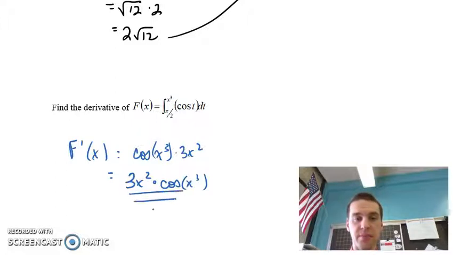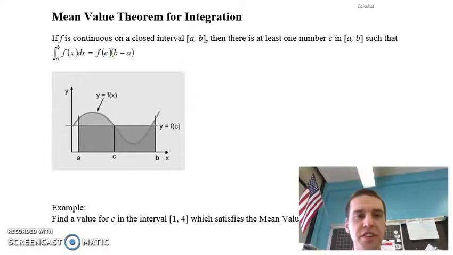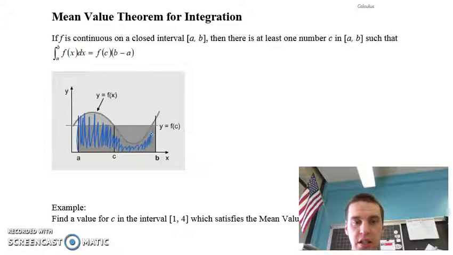So there you go. So moving on to the mean value theorem, we talked about the mean value theorem for derivatives. Now we're going to be talking about the mean value theorem for integration. What this states is that the area under the curve from a to b, and then I could draw that all the way down, that's the area under the curve.